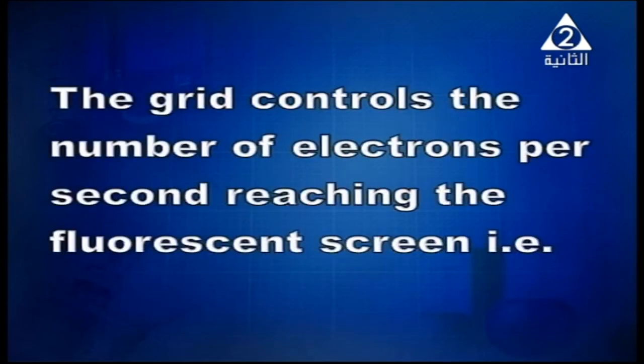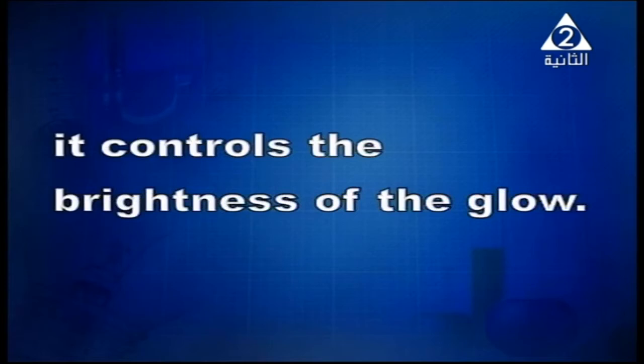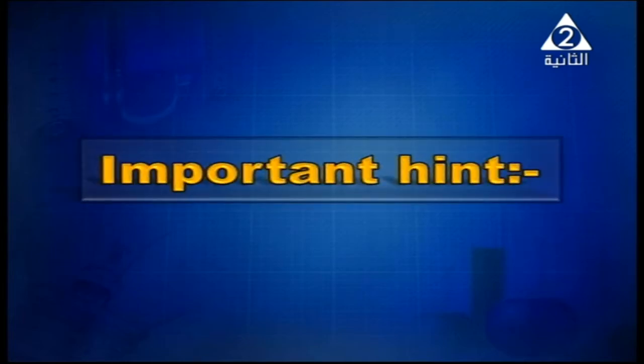The grid controls the number of electrons per second reaching the fluorescent screen. That is to say, it controls the brightness of the glow. We've got important hints here.